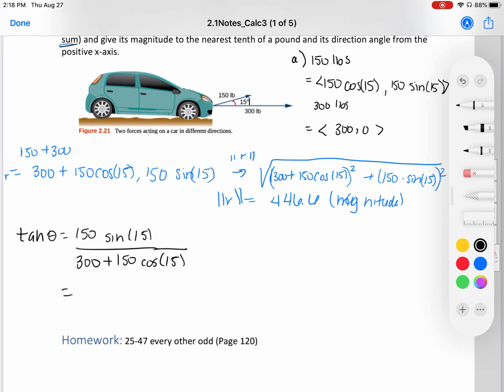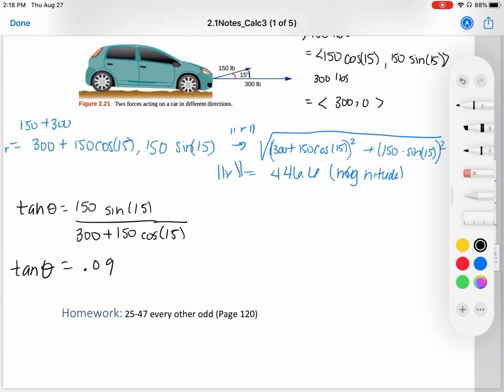Once we work this out on a calculator, we get 0.09. Make sure you take the time to do this in your calculator. We want theta, so we apply tangent inverse. Tangent inverse of 0.09 gives us something close to 5. So let's round to 5 degrees.